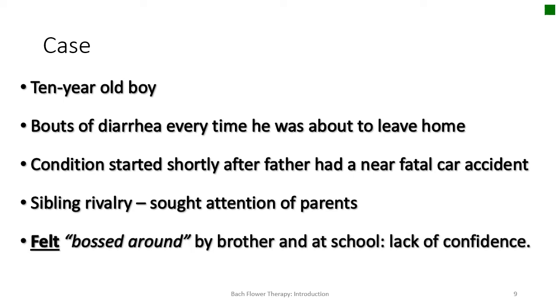At school, he felt bullied and bossed around, and he lacked tremendous amount of confidence. So as you can see, we have a picture of a boy, the personality and the emotional state, and that is all that we will need in order to find a remedy.